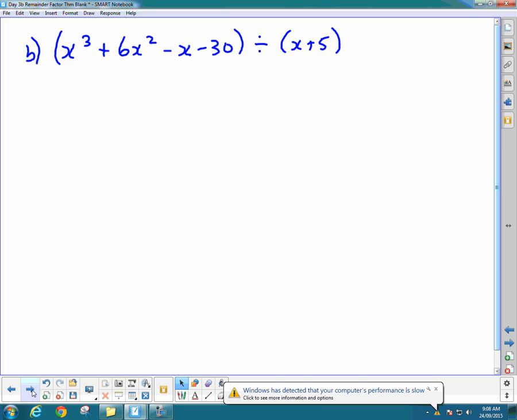So could someone in front of me tell me what am I going to sub in this time? Negative 5, that's right. So the root is negative 5. So we're going to sub in to the equation negative 5. So wherever we see x, we're going to replace it with a negative 5.